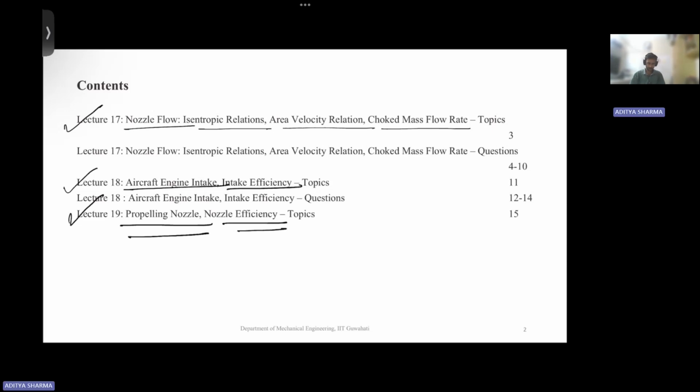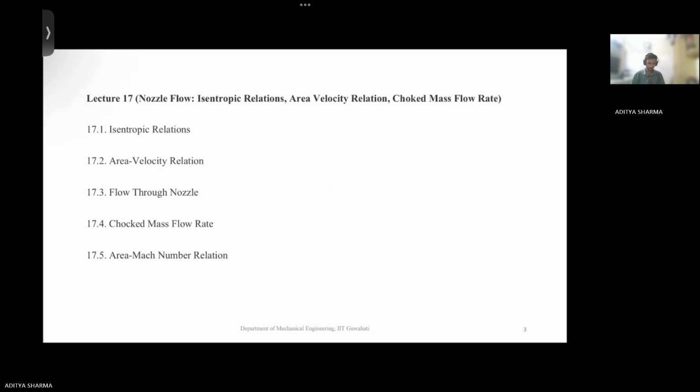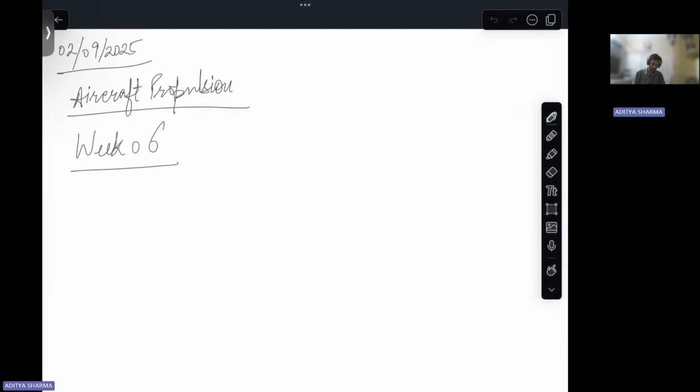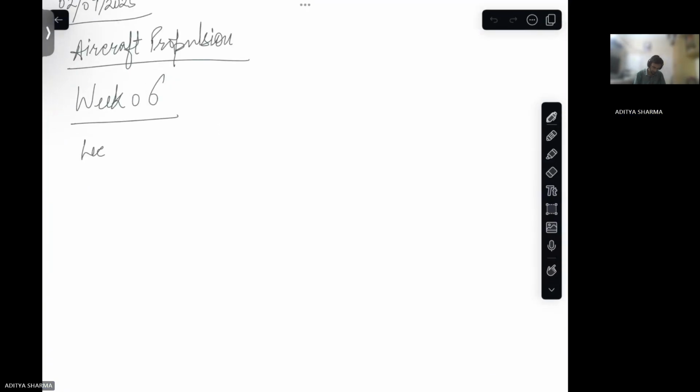We can begin with the topics of lecture number 17: isentropic relations, area velocity relation, flow through nozzle, choke mass flow rate, then area Mach number relation. We are well versed with the isentropic relations, but still I'll write these down.